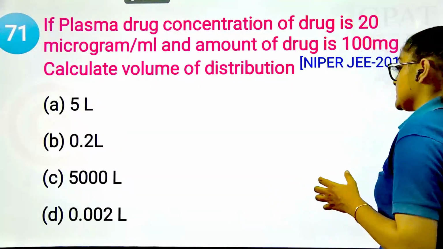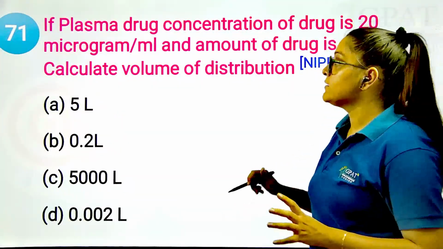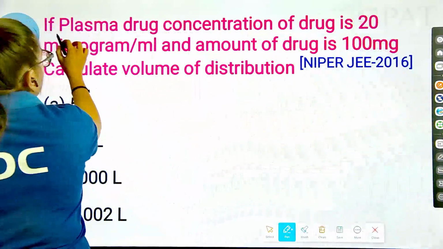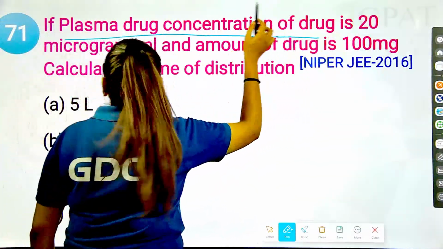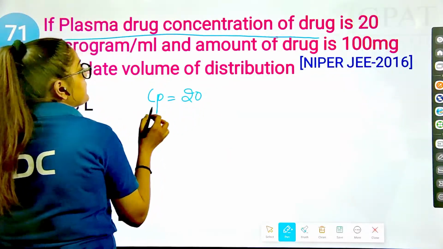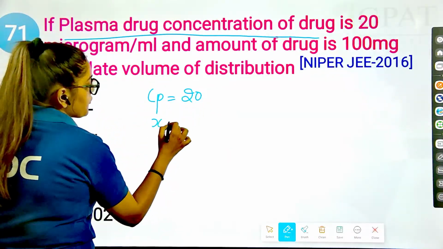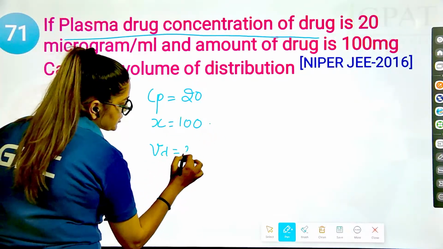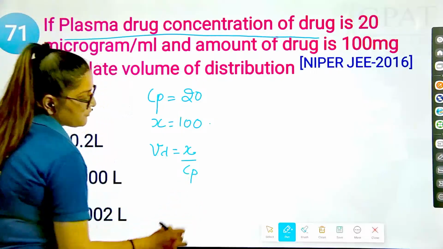This is going to be a little solving part, but I hope you are aware of the formula. So let's see. The plasma drug concentration is 20 microgram per ml, the dose of the drug is 100. You need to calculate the volume of distribution. Do I need to tell you the formula again?